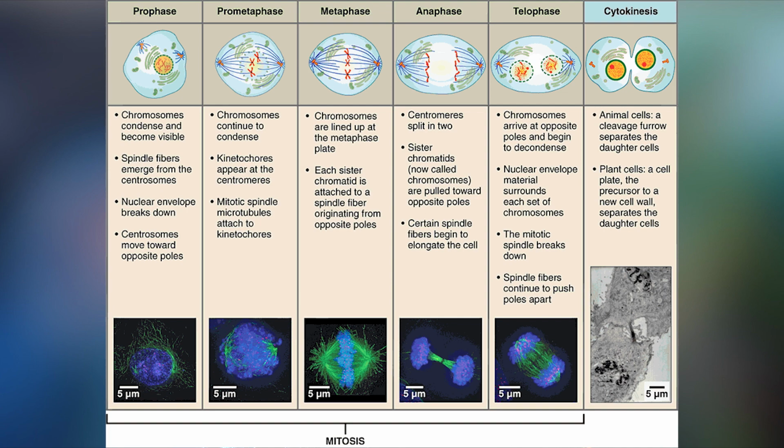Prophase basically means the before phase, so that's useful because it happens first, before all the other phases. Prometaphase comes after prophase, and it basically means before the after phase, and metaphase means the after phase. So you've got the before phase, the after phase, and between them, the before the after phase.